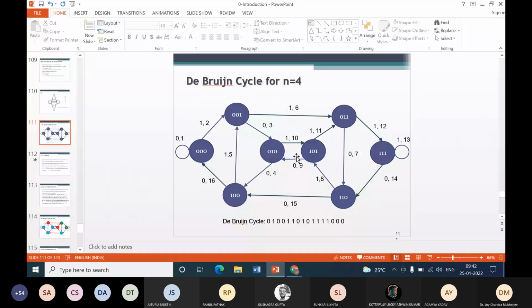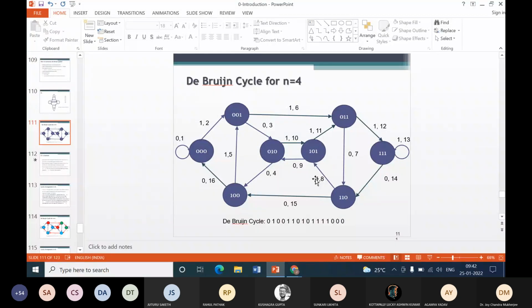When I reach 1 0 1 from any vertex, the last bit is 1. That means all its incoming edges will have level 1. So in 1 0 1, whichever incoming edges there are, this edge has level 1, and this incoming edge also has level 1.